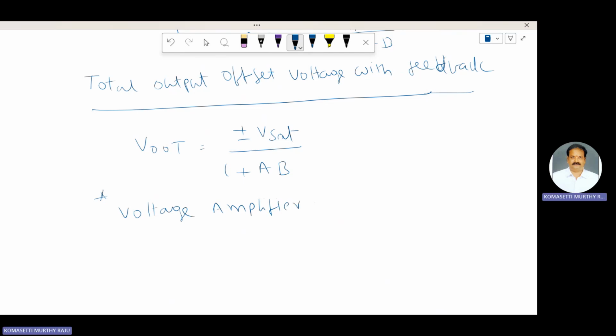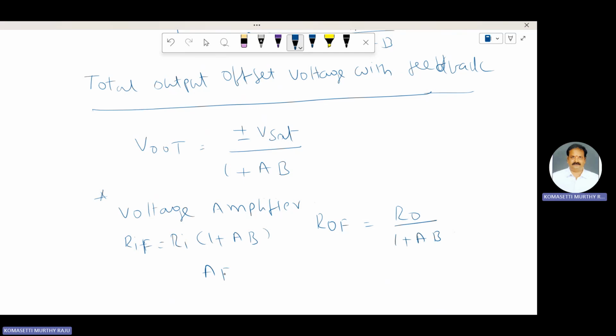The characteristics of the non-inverting operational amplifier are the same as those of the voltage amplifier. That means very high input resistance, R I F is equal to R I into 1 plus A B, and very low output resistance, R O F is equal to R naught by 1 plus A B.